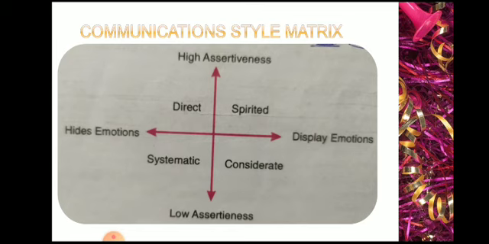that is, hiding the emotions. On the other hand, in the second dimension, a high assertiveness style tends to tell others what to do. If you are confident, your confidence level is high, generally you can tell others what should be done.